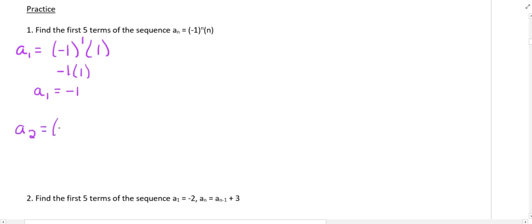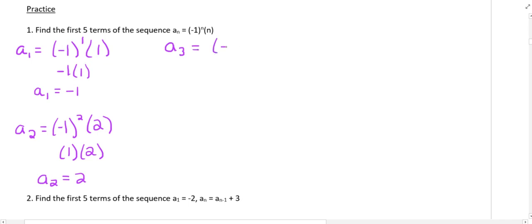That'll be negative 1 to the second times 2. So negative 1 squared is positive 1 times 2 will give us a positive 2. A sub 3, we get negative 1 cubed times 3. So negative 1 cubed is a negative 1 times 3. That's going to give us a negative 3.